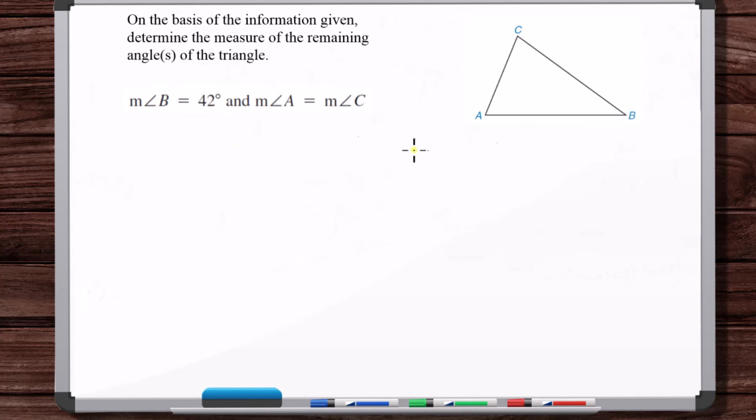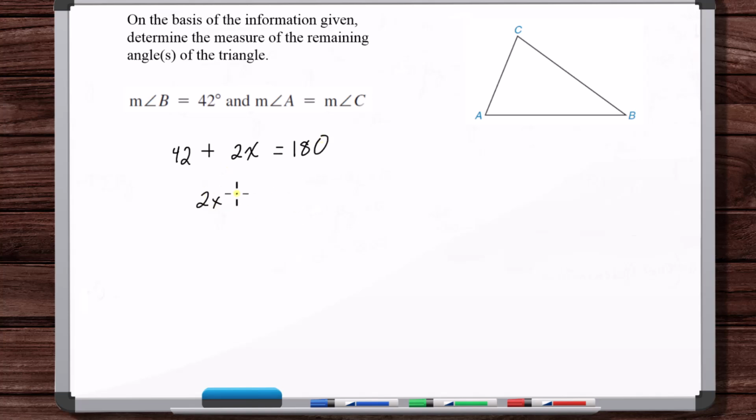Okay, what if the measure of angle B is 42 degrees and they tell us that the measure of angles A and C are equal? Well, all we have to do here is say that we know one angle is 42 degrees, and then added to that is going to be 2 times some number, x. And that needs to equal 180.